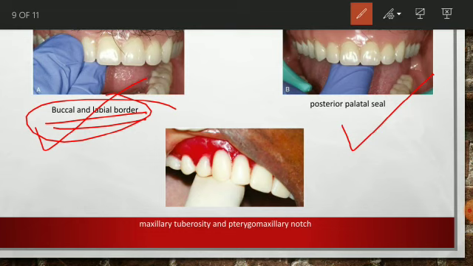Whereas in the posterior palatal seal area, we place the forefinger on the palatal surface of the incisor, and then apply an outward force over the denture. And the third one, the maxillary tuberosity and pterygomaxillary notch. We need to put an upward and outward pressure in the canine area.